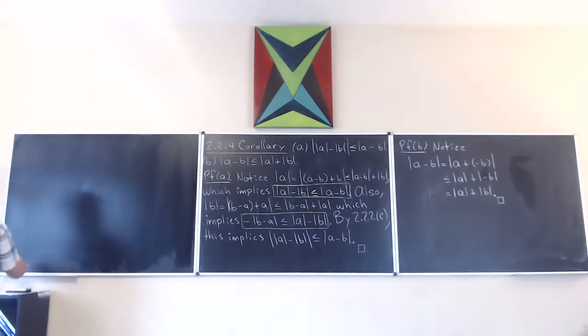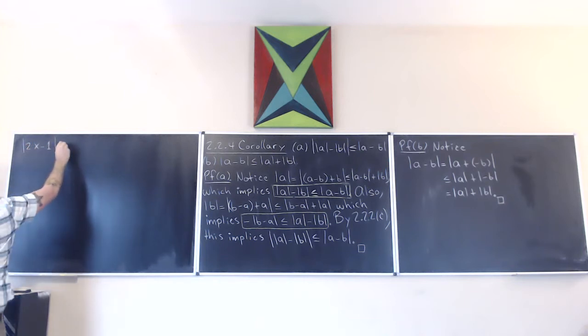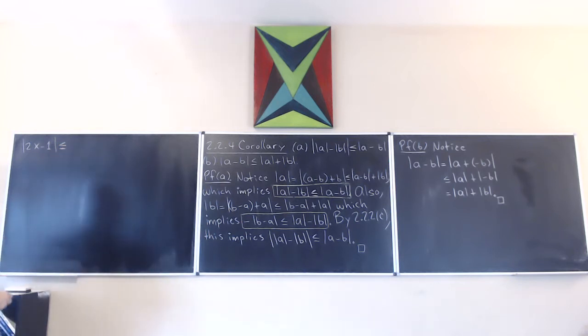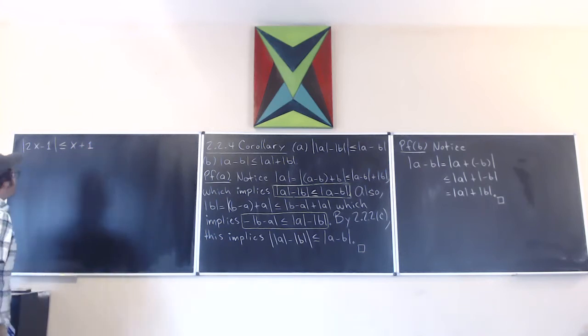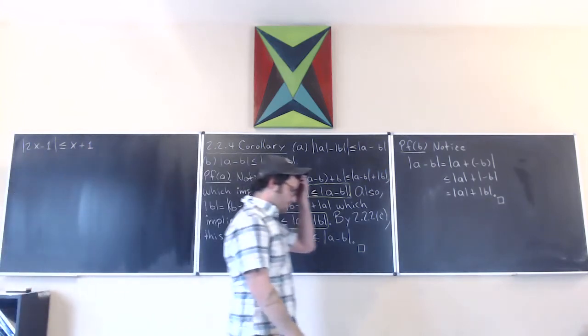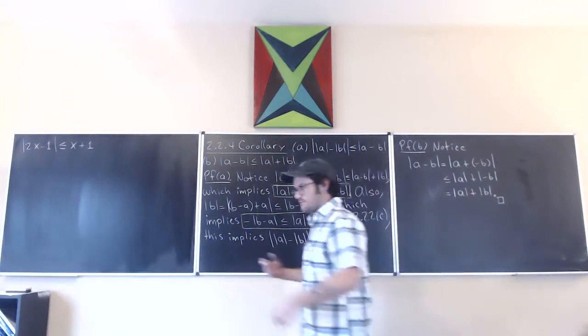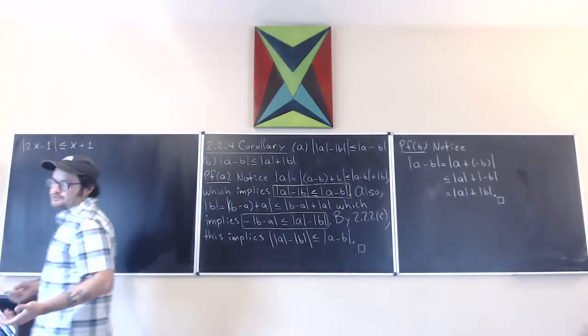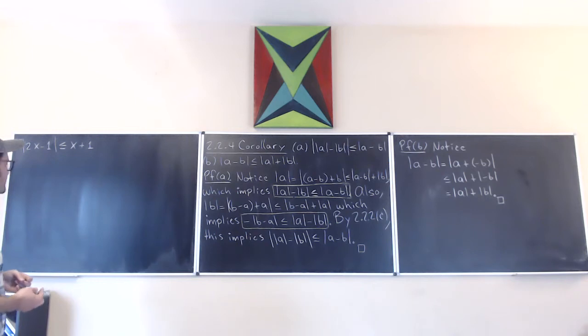Suppose we want to know when this inequality is at most x plus 1. Now, before using any of the properties of absolute values that we've derived and proved, it is useful to draw what's going on here, and just look at it for a moment before you start acting.